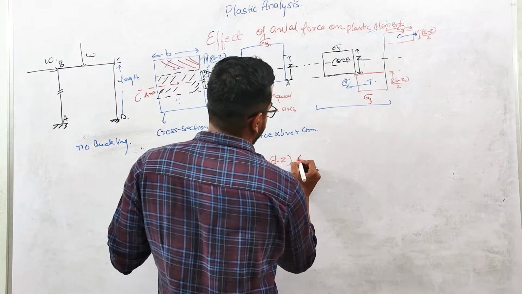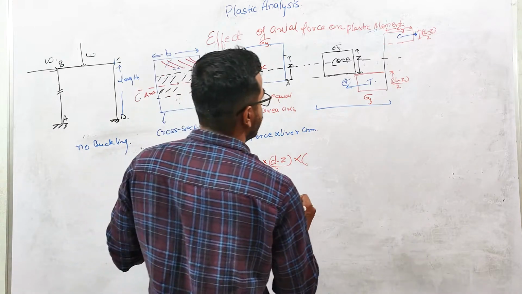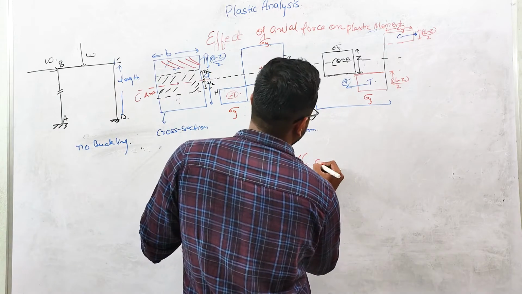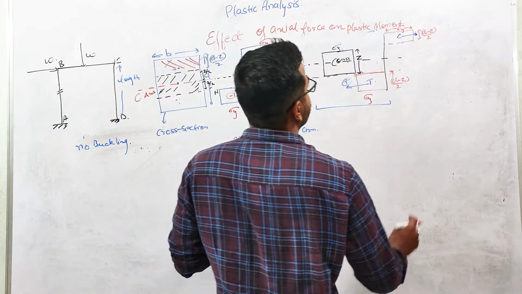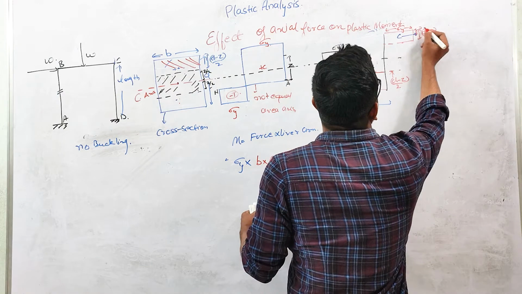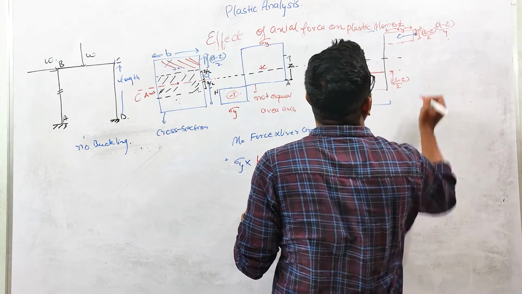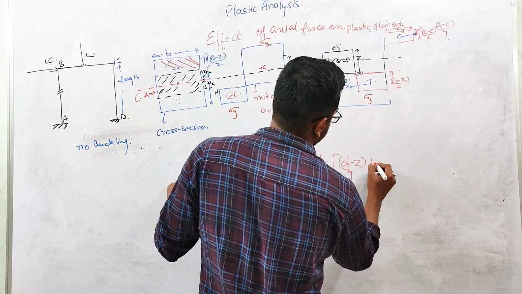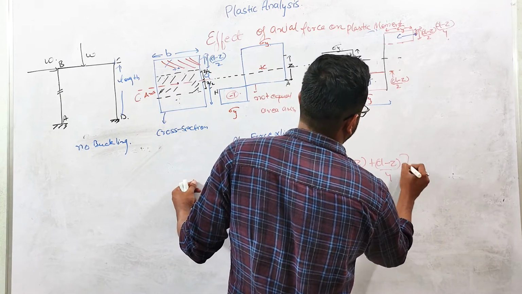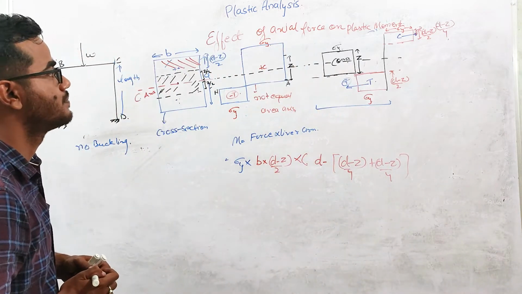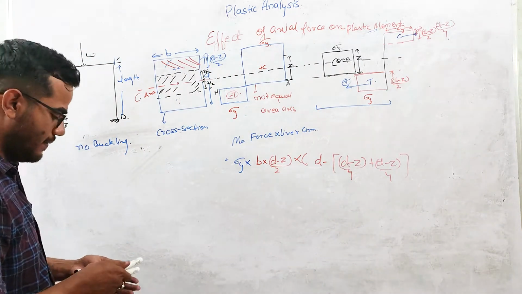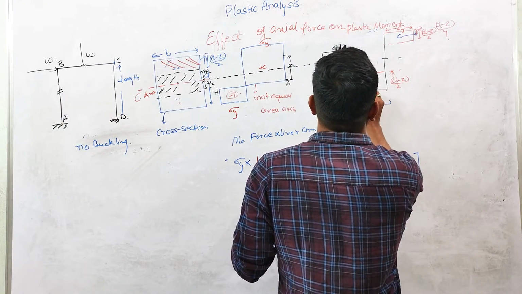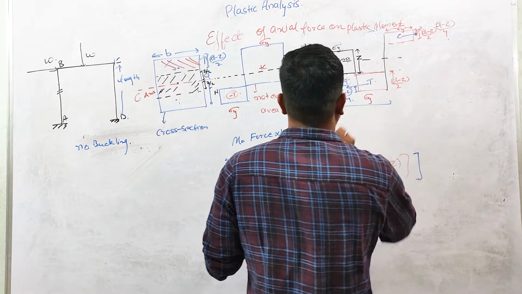And what is the lever arm? These two forces are equal, that's why we are taking the lever arm. The lever arm will be d minus this distance, which is (d minus z)/4. So (d minus z)/4 plus (d minus z)/4, and here also this is (d minus z)/4.